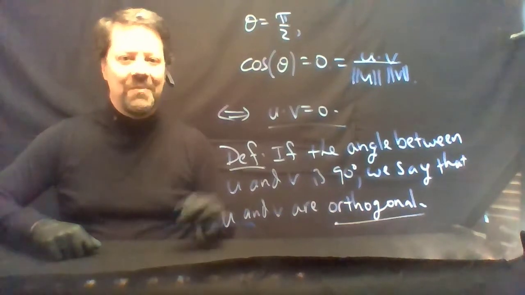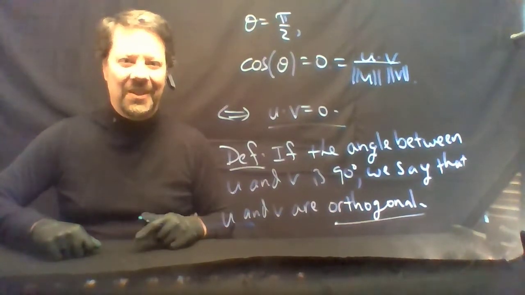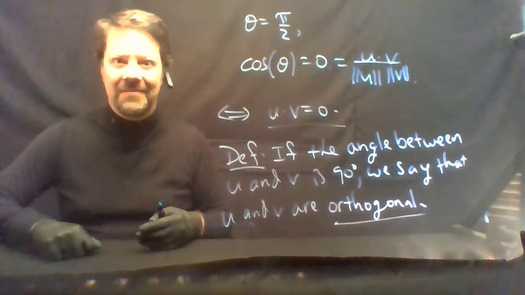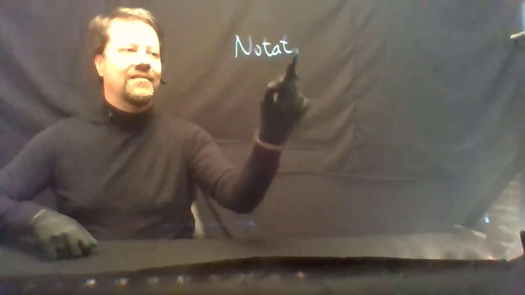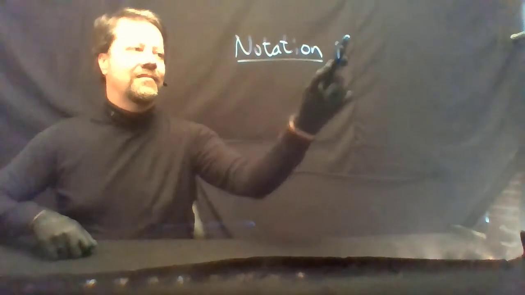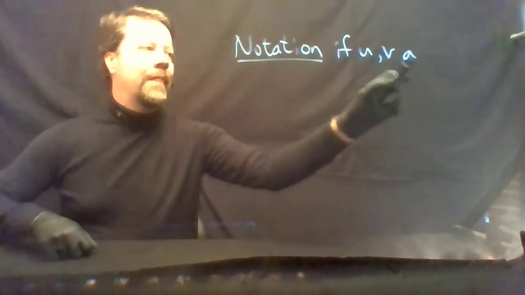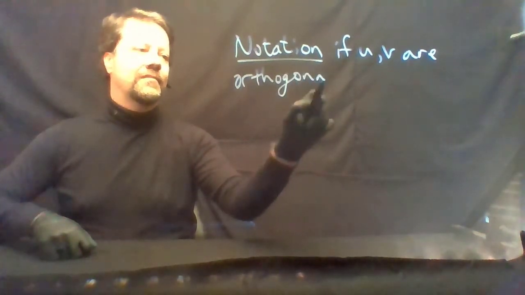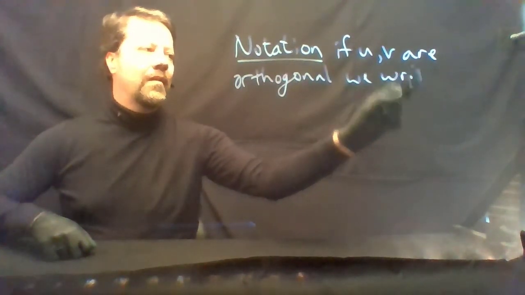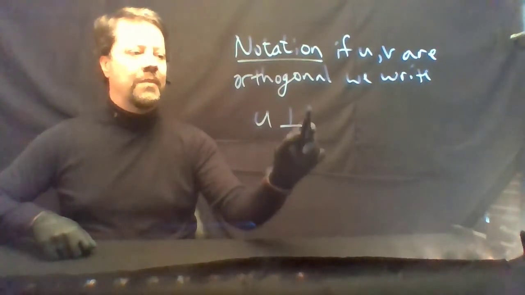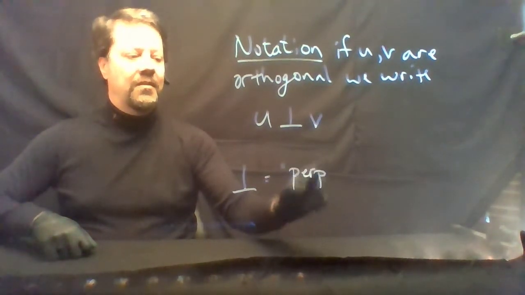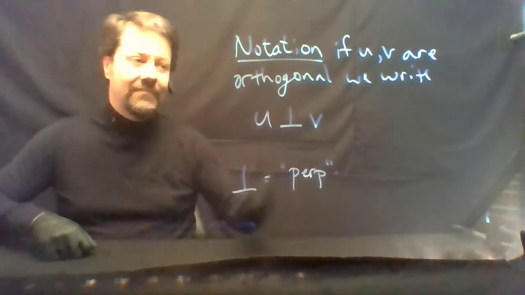Yep, we don't say perpendicular, we say orthogonal. I guess the people doing this stuff weren't talking to the people using the word perpendicular. We have a notation. If u and v are orthogonal, we write u perp v. This symbol is called perp, and it stands for orthogonal.